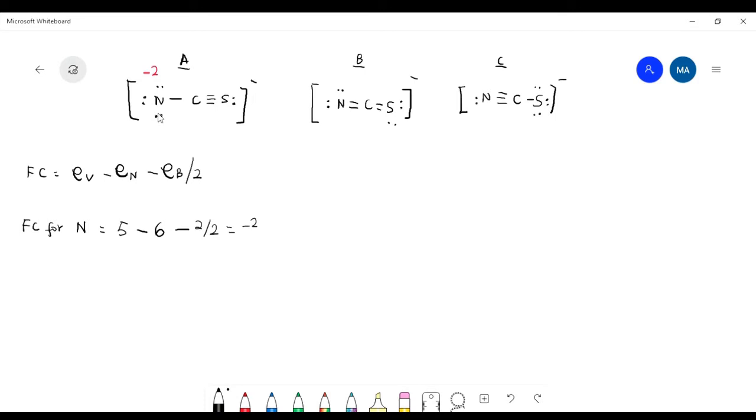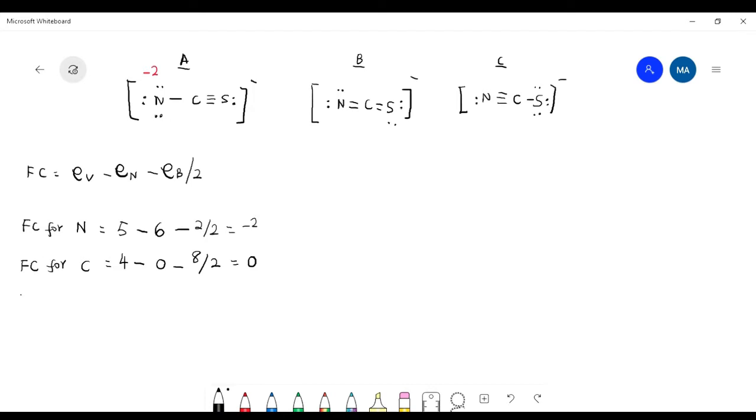Now we have the formal charge for carbon. We all know that carbon has valence electrons of 4, minus unshared 0, minus the bonding 8 divided by 2. So 4 minus 0, 4 minus 4 is 0.